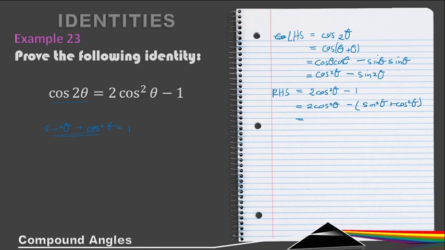That equals 2 cos squared theta minus sine squared theta minus cos squared theta. Then we can see that we've got these two like terms, 2 cos squared theta minus cos squared theta, so this just gives me cos squared theta, and then we have this term minus sine squared theta. So here we have left-hand side equal to right-hand side.